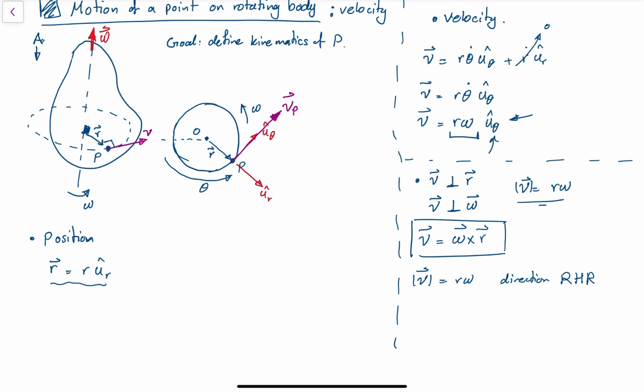Your thumb will give the direction of velocity. But it is a lot easier to note that if your body is rotating in one way, velocity has to kind of follow that. Also note, as a reminder, omega cross r is not equal to r cross omega. So be mindful of the order.